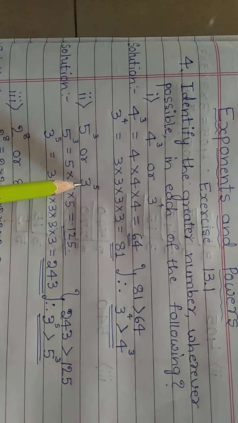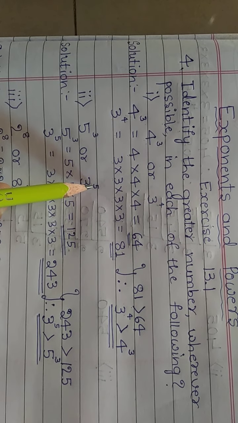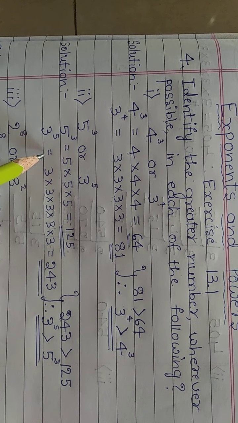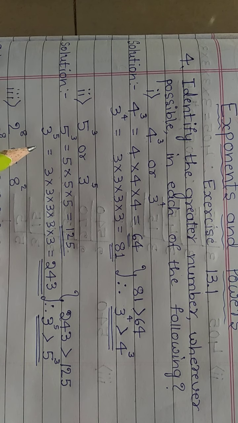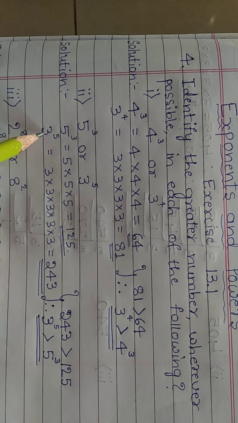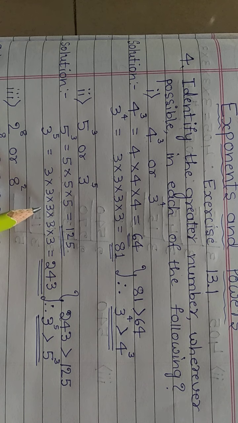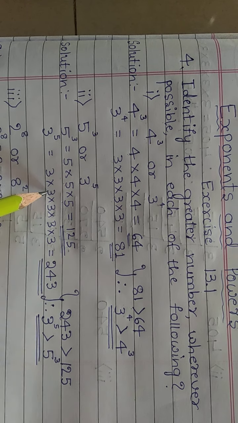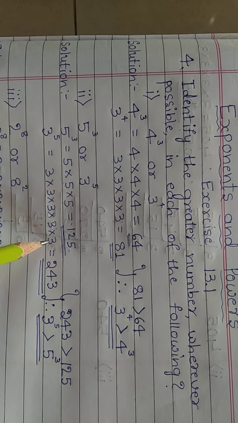Next we have to find the value of 3 raised to the power of 5. 3 raised to the power of 5 is equal to, how many times should 3 be multiplied here? 3 should be multiplied 5 times by itself. 3 into 3 into 3 into 3 into 3.